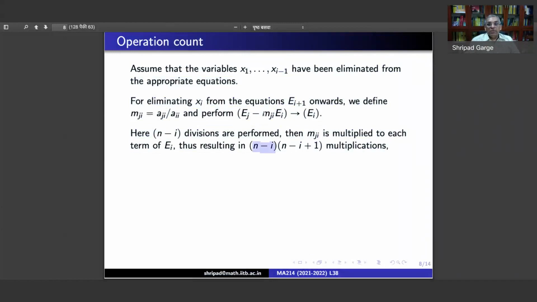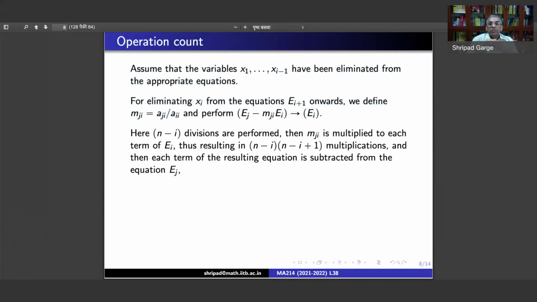You are going to multiply m_ji to e_i for each j. Actually, for each j I should have put e_j; this is a mistake. Your row e_j is going to change. So for each e_j, you will multiply m_ji to the n minus i plus 1 entries of e_i, and you do this for each j. So the total number of multiplications in the ith step is (n minus i) times (n minus i plus 1).